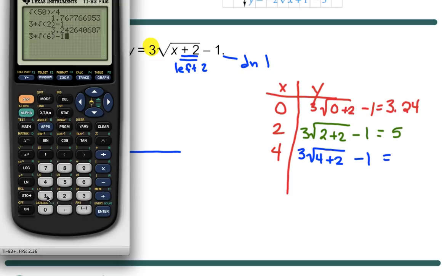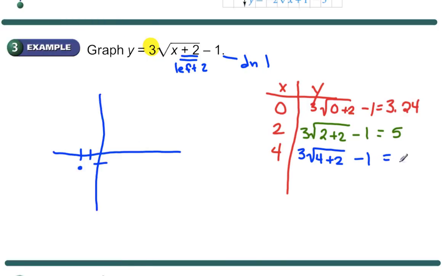You want to do as much simplifying in your head as you can, because that's where some of the mistakes come into play with respect to the calculator. There we have 6.348, so that's 6.35. I know these numbers are a little bit crazy, so we're just going to do approximations. We're not going to be exact scientists.